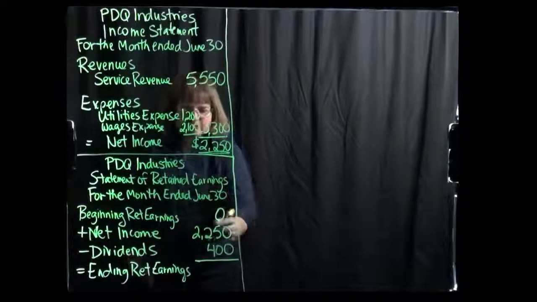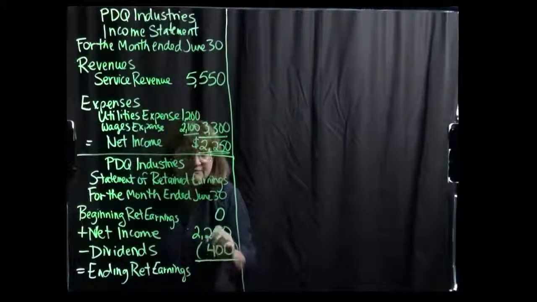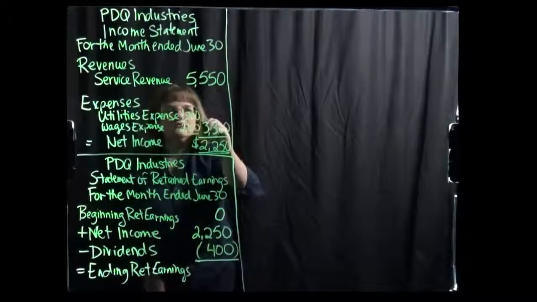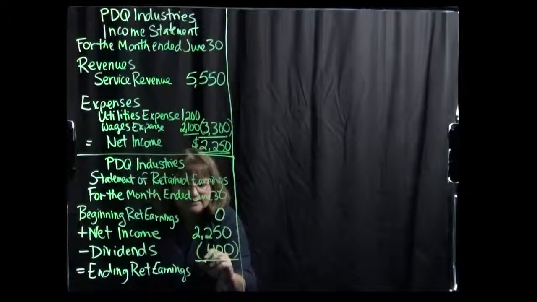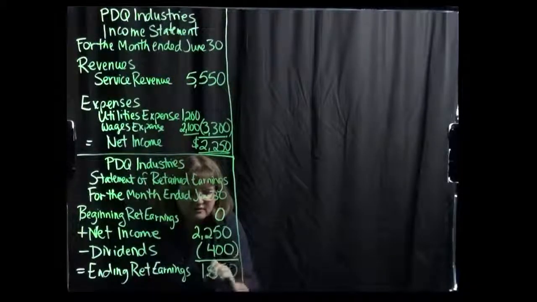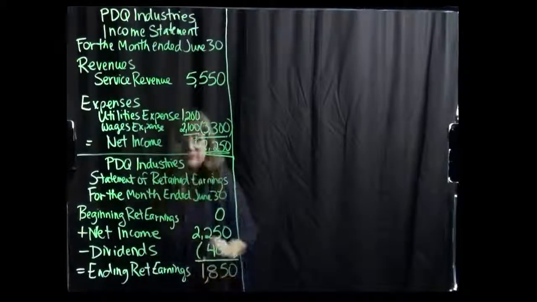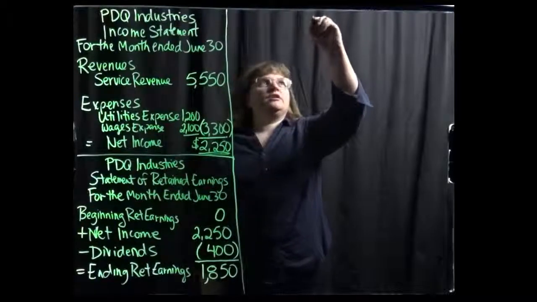So then we take the $2,250, we then subtract the $400, and oftentimes on financial statements when you see something subtracted, we could have done that up here with the expenses as well, you'll see it listed in parentheses. And then when we make the subtraction, we end up with ending retained earnings of $1,850.